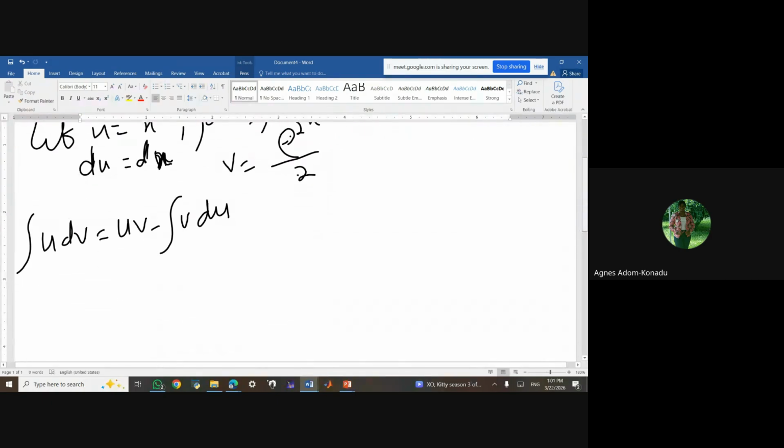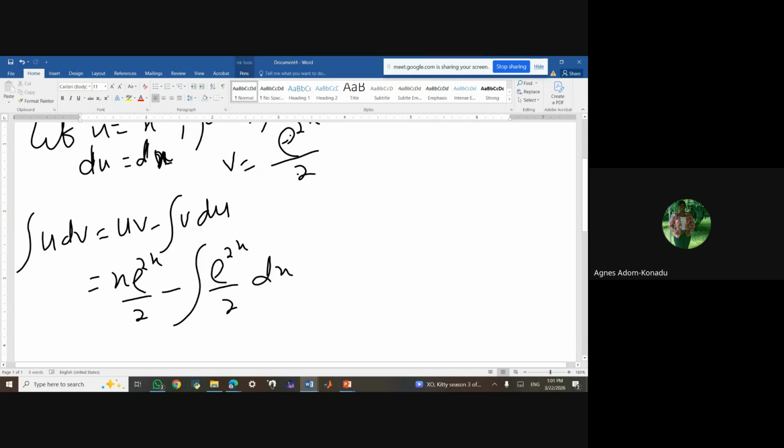So I go back and then make my substitution. My u is x. My v is e to the power 2x over 2, minus the integral of v du. My du is dx.